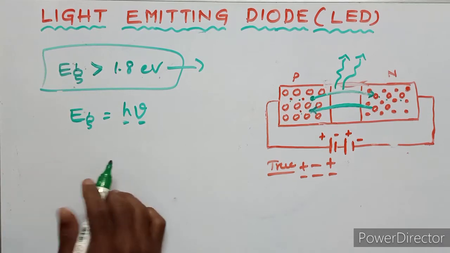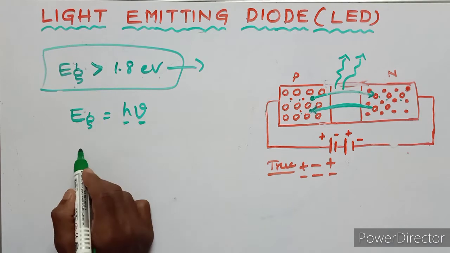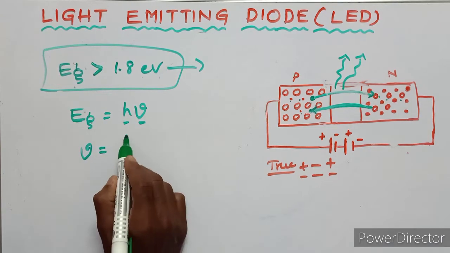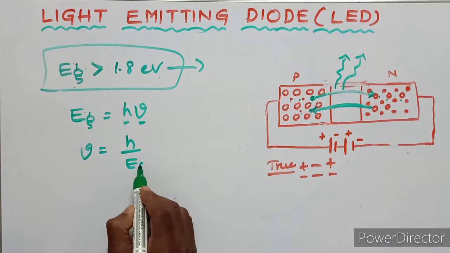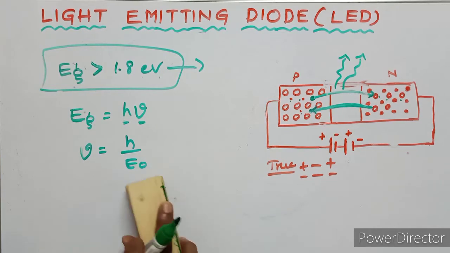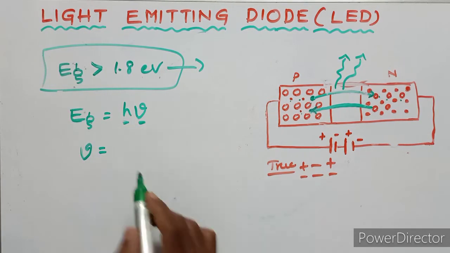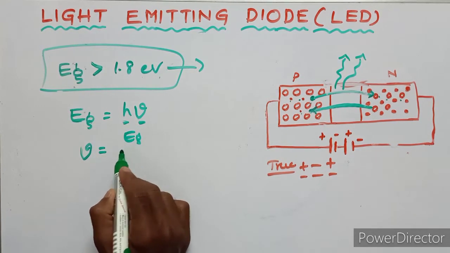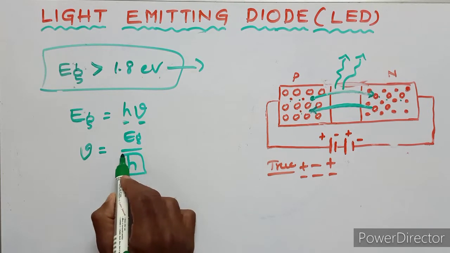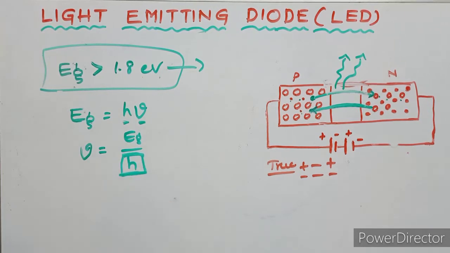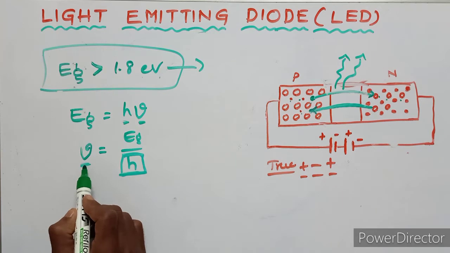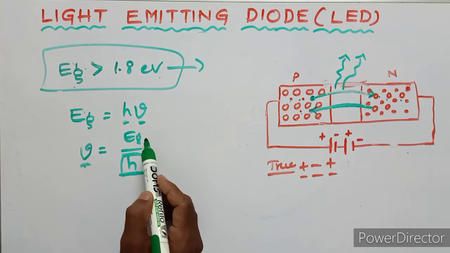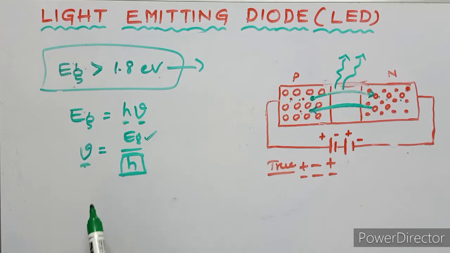So here nu is the energy gap upon h. h is Planck's constant. This is a constant. So here the frequency is dependent upon the energy gap.